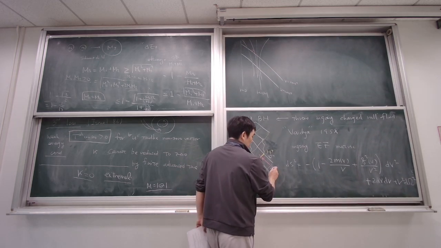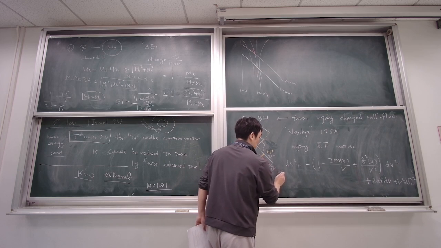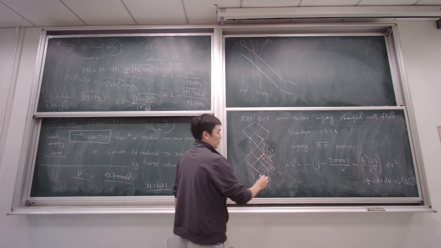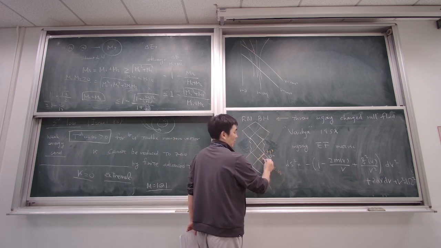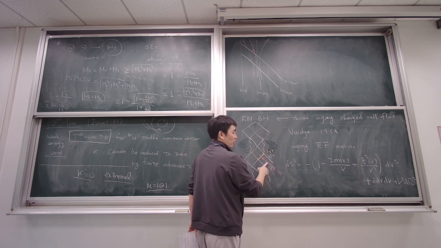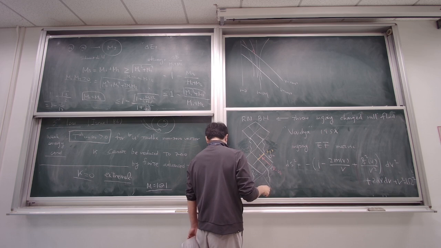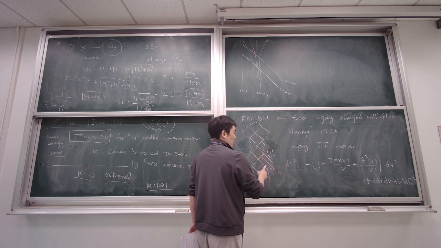So here v is equal to v0. Okay, v equal to v0, and since we just put the matter around here, v is less than v0. It's just the original Reissner-Nordstrom metric.